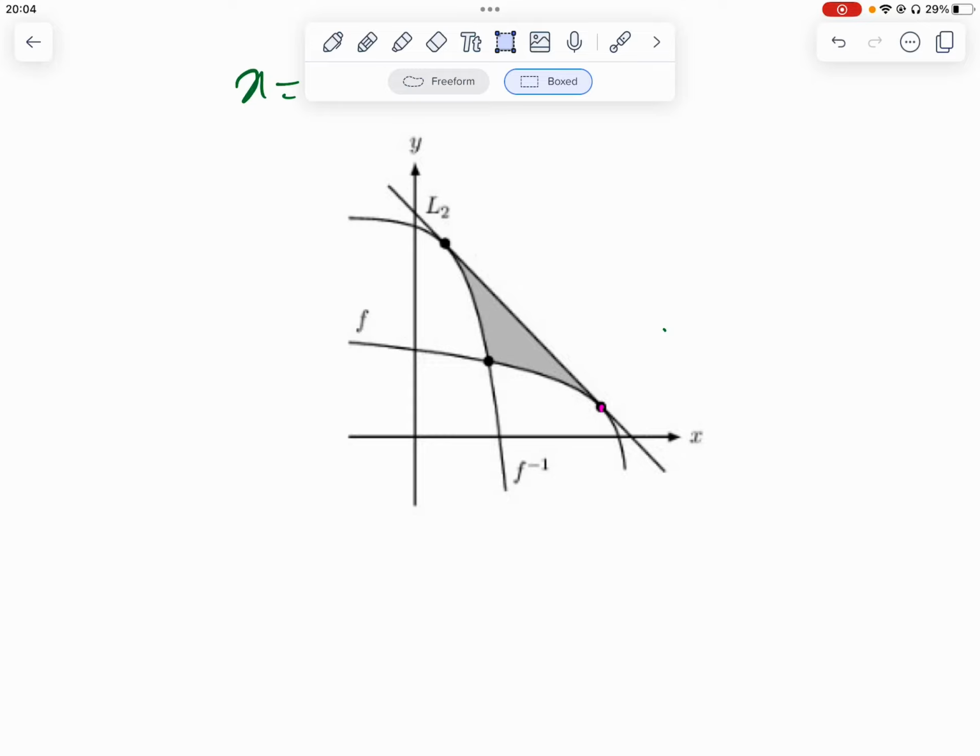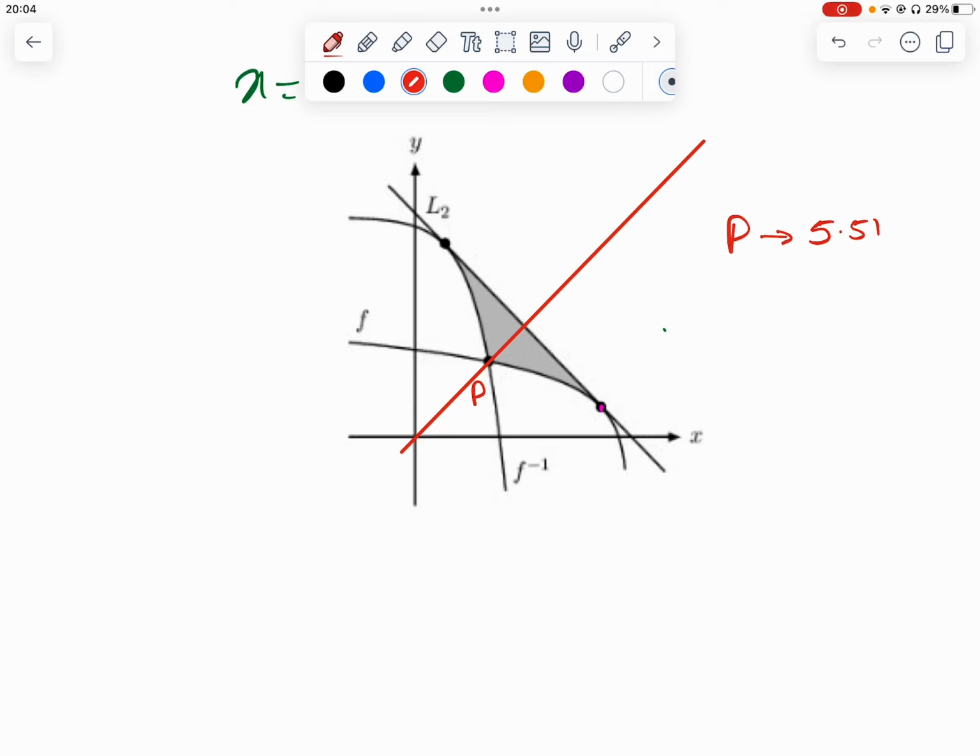f of x has been given and y equals x is a straight line. Where do they intersect? They intersect at P, and the x coordinate of P we got as 5.51.